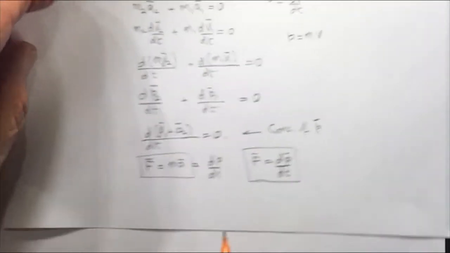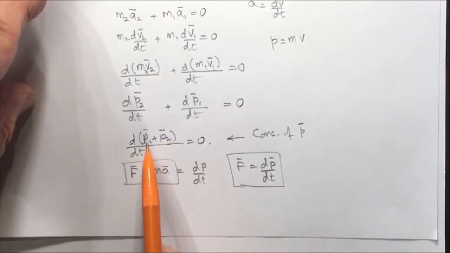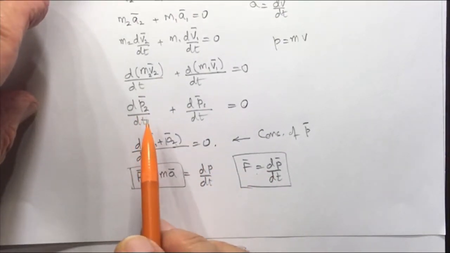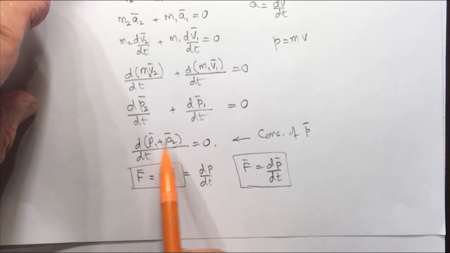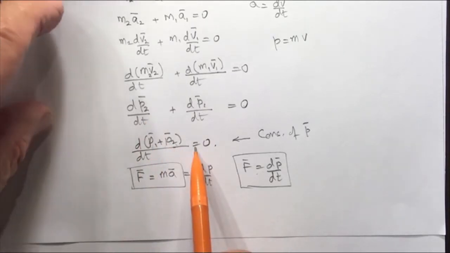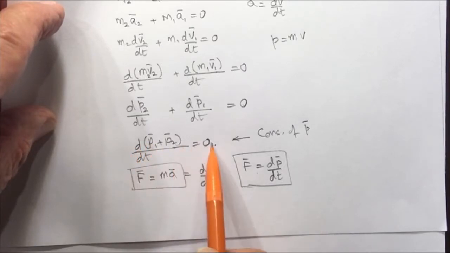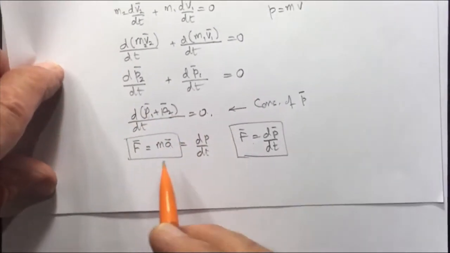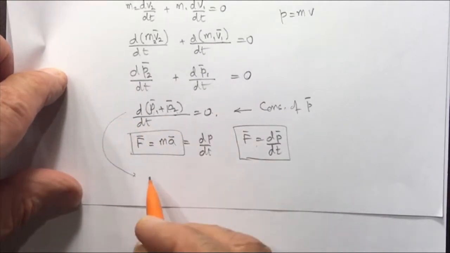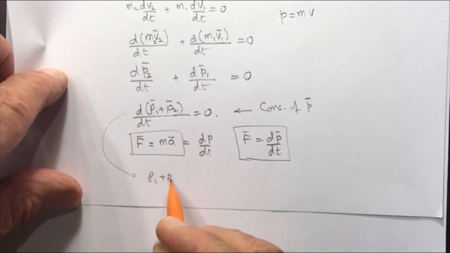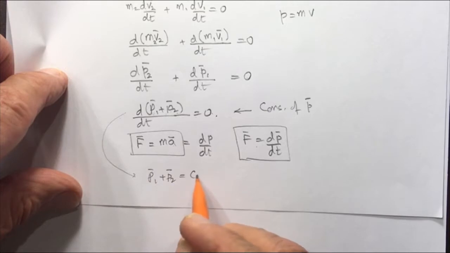Now, let's take this equation a little bit further, to say that the change of momentum is zero, which means, let's write it here, that P1 plus P2 is constant.